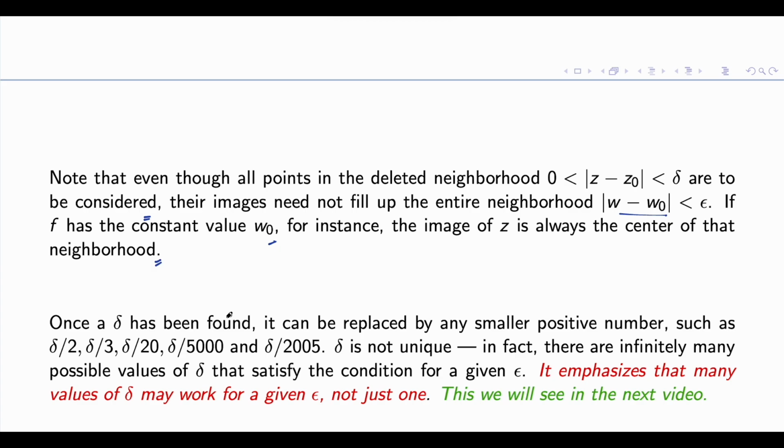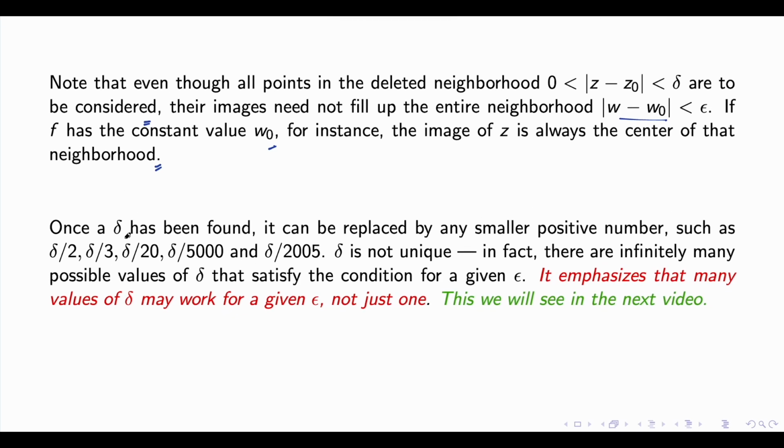Once we found a delta, it can be replaced by any smaller positive number, such as delta by 2, delta by 3, delta by 20, and so on, or delta by 2005. What does it mean? It means that delta is not unique.